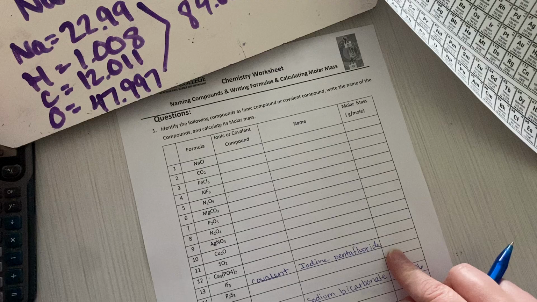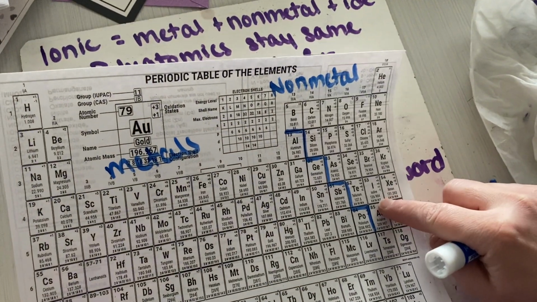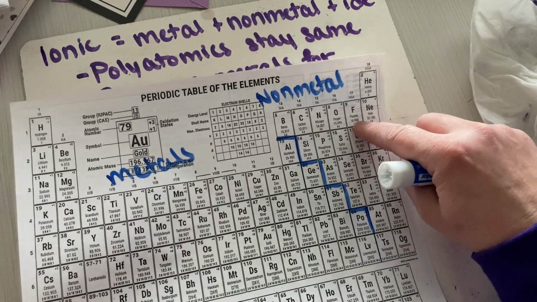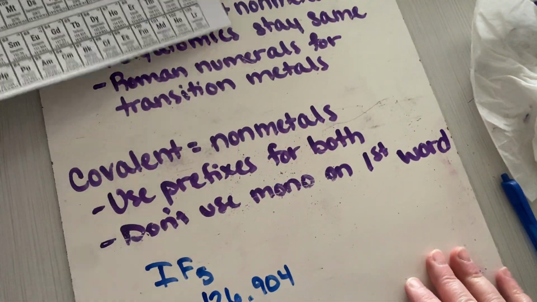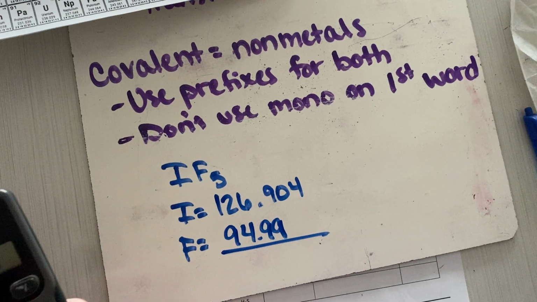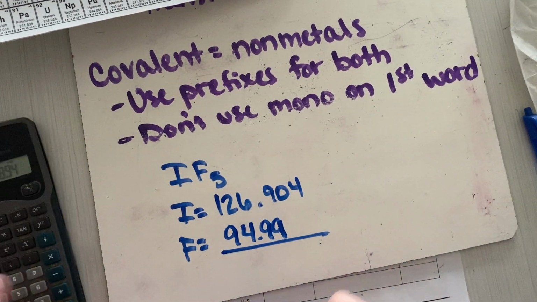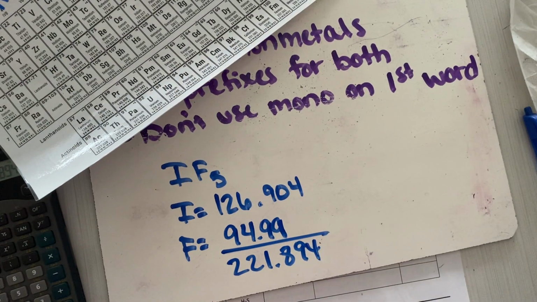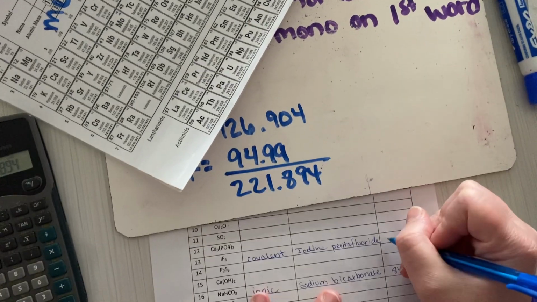And our molar mass is going to be, our iodine is 126.904 plus our fluorine, which is 18.998 times 5, which is going to give us a total of 221.894. And that's what we'll be putting here.